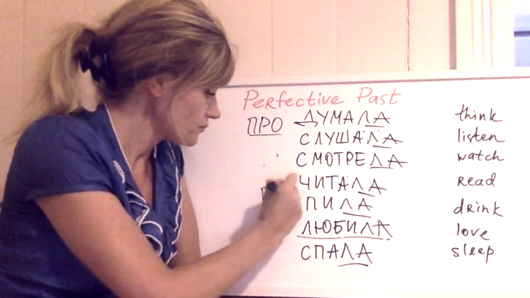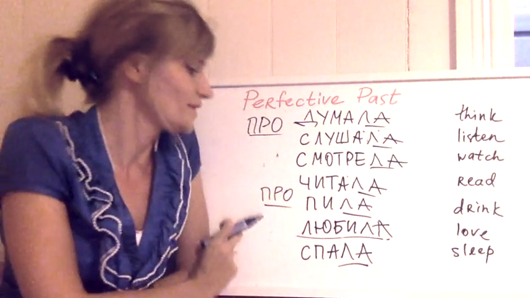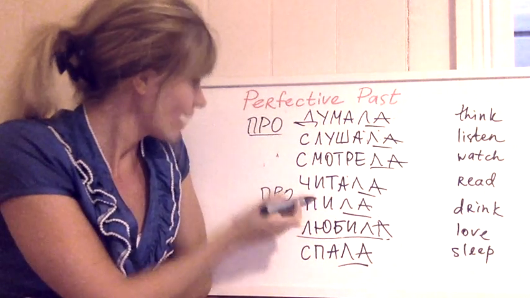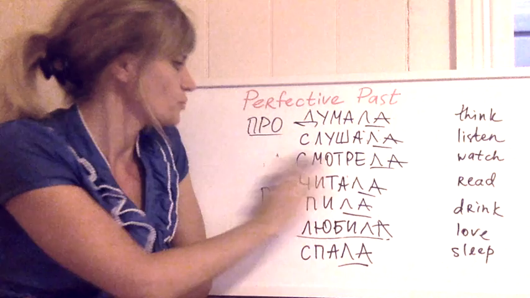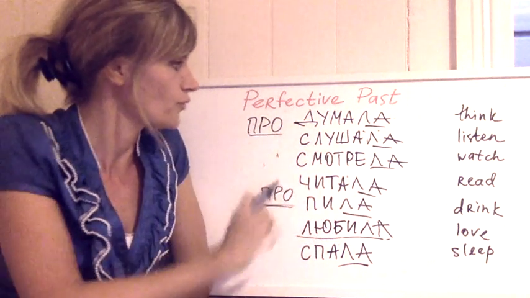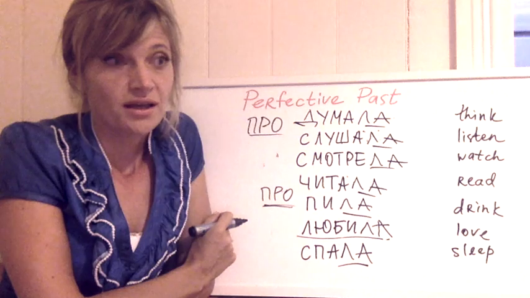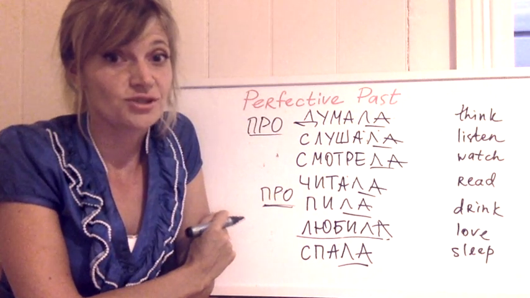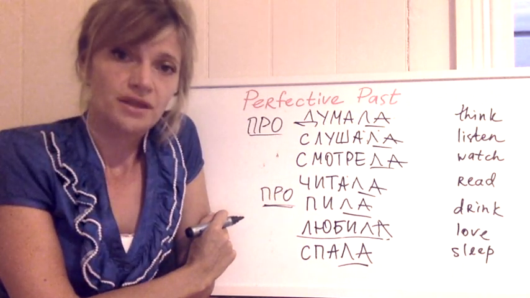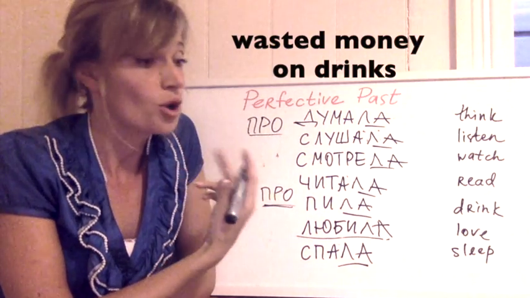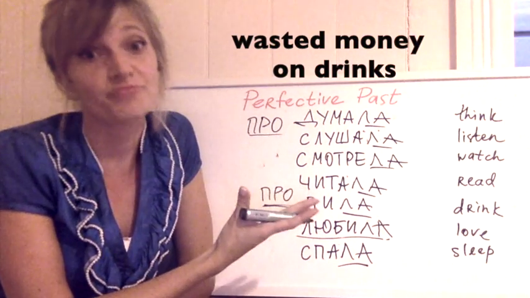Пропила. What can be thoroughly drunk? Okay, пропила. I understand прослушала, просмотрела, прочитала, went through that. But what does пропила mean? It's very popular in Russia to say that, because пила is drink and пропила, она пропила деньги. It means she spent the whole money on drinks.